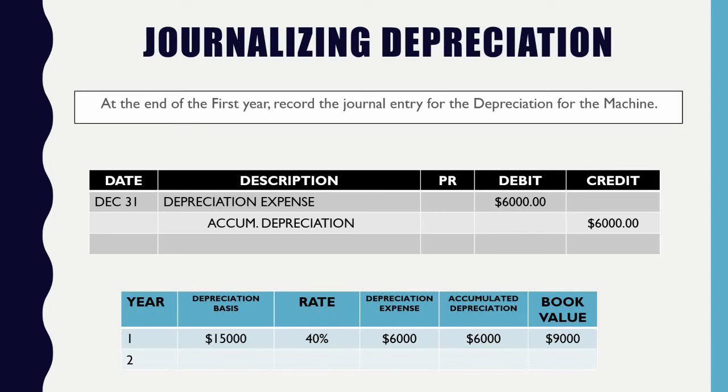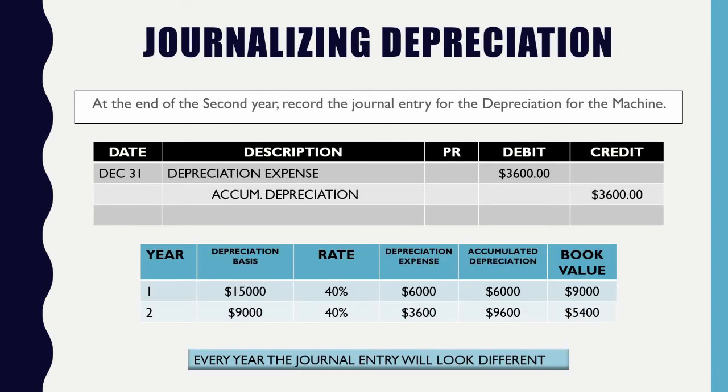It's universal throughout all 3 methods. Then all I have to determine is how much did I depreciate for the first year. In this case, $6,000. Same thing with the second year, 3,600. So every entry is going to be different every year.